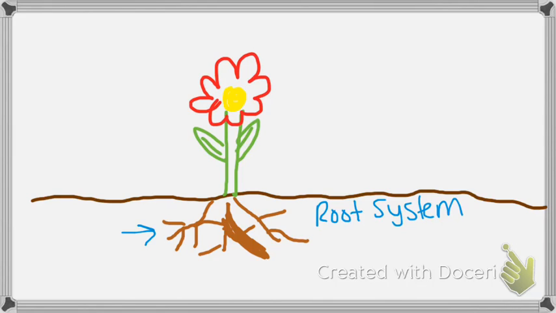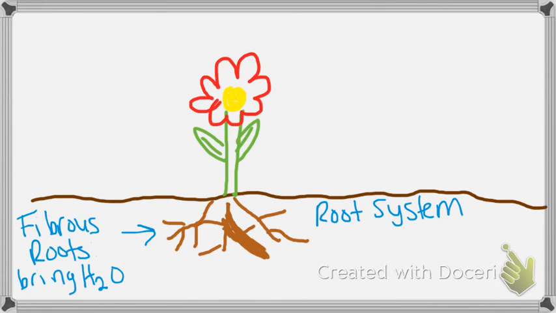The first type are called fibrous roots, and these roots are like little fibers, because these are what bring water and nutrients into the plant. So our fibrous roots, their job is they extend out into the dirt and they're able to absorb the water and the nutrients and bring it into the plant for the plant to use.